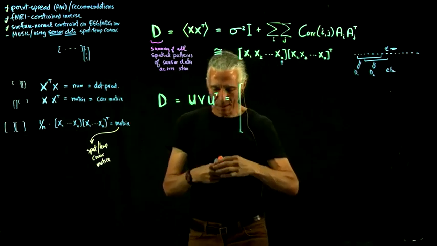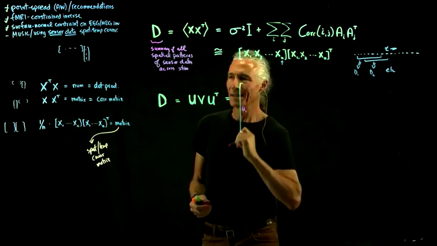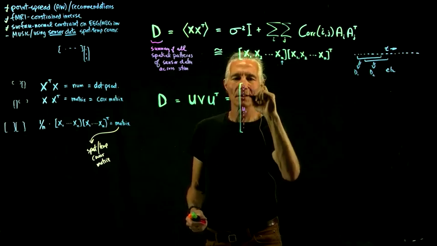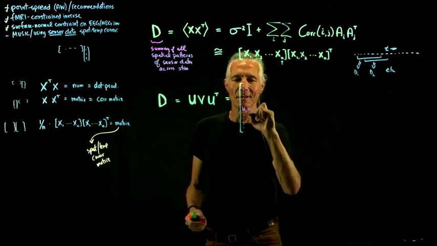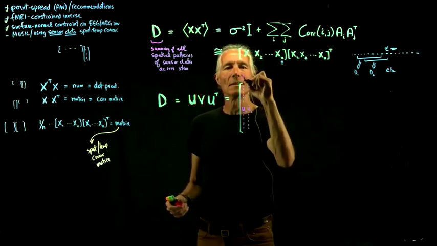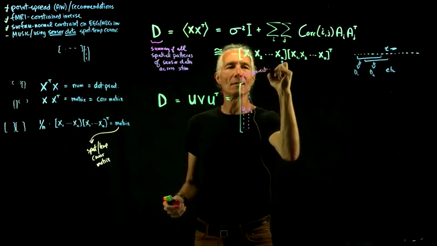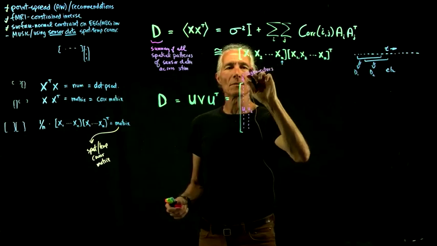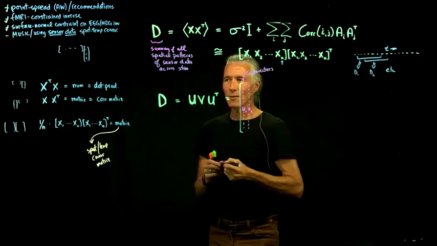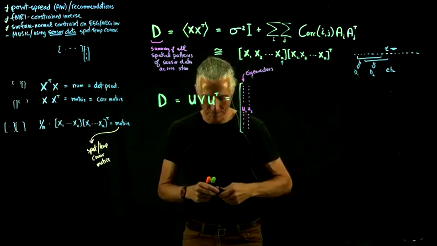So here's U1, the first eigenvector. There's U2. These are eigenvectors, so they're all perpendicular to each other. Each one of those columns is perpendicular to the others, meaning uncorrelated, a spatial pattern that has no correlation with another spatial pattern.